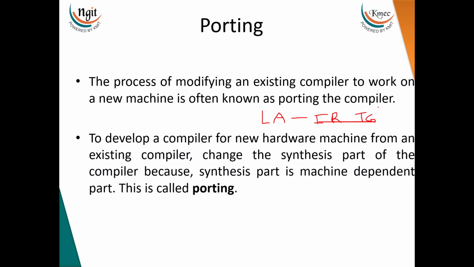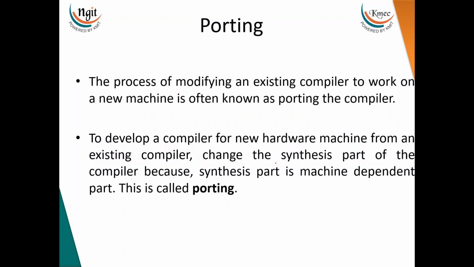By changing these two phases, target code generation and the code optimizer, we can use the same compiler for different machines. Assume that the first C compiler was written for the Windows operating system with the 7 phases. If you want to make this C compiler work on other machines, you need not change all the phases. Just changing the machine dependent phases is enough.